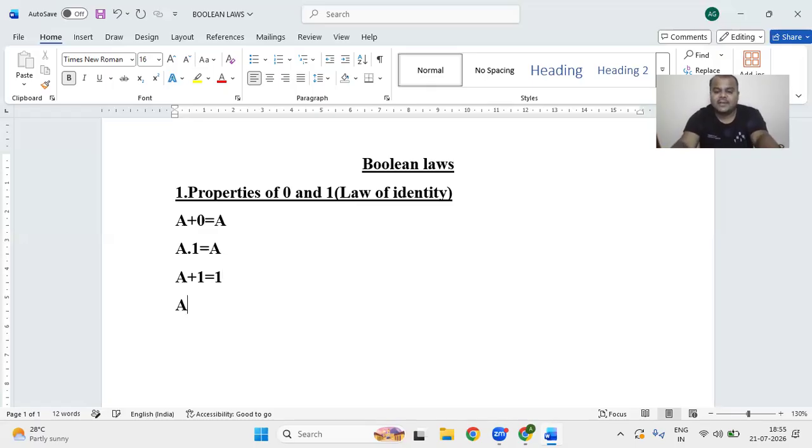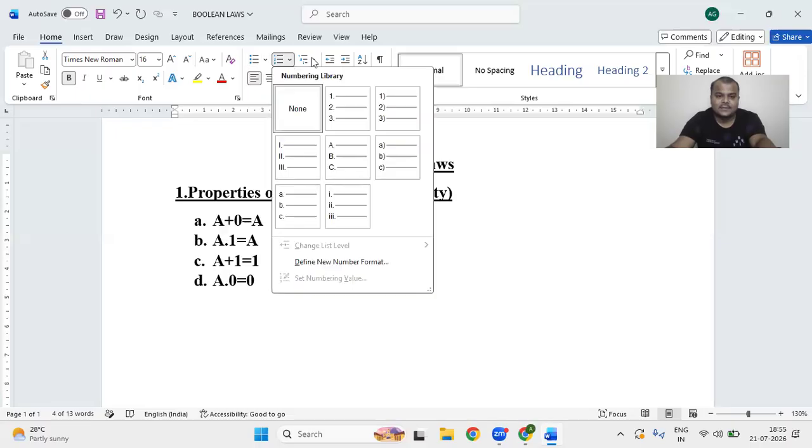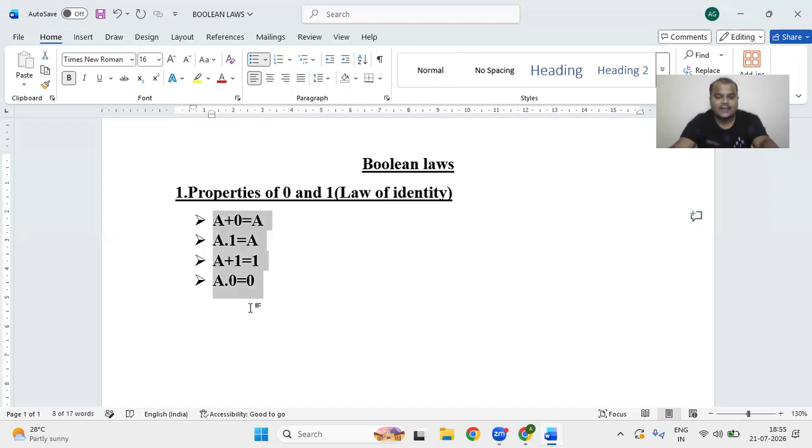And if you multiply any number with 0, you will get 0. These 4 properties you can write: additive identity and multiplicative identity, and extended properties. Get it? So these are the 4 laws, 4 properties that come under properties of 0 and 1, or law of identity.